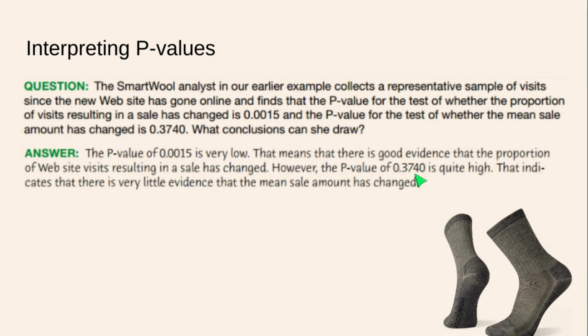The null hypothesis being the mean sale amount has not changed, all right? Getting data like ours is very possible. It's not over 50%, but it is a very possible outcome. So we should not jump the gun and say that the mean sale amount has changed in some way, shape, or form. We should conclude that we don't have enough evidence to say there's a significant change.